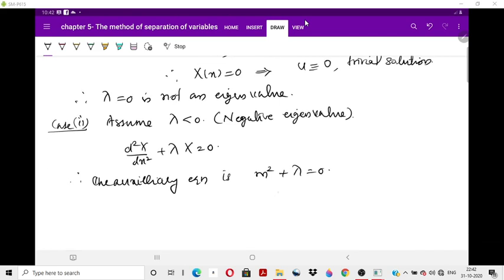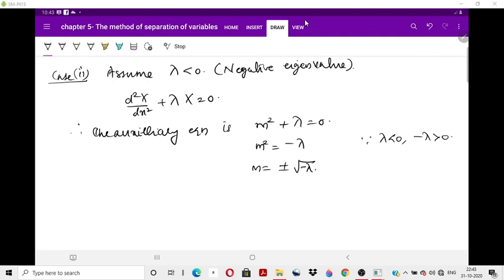So m square equal to minus lambda. Since lambda is negative, minus lambda is positive. Therefore, m is equal to plus or minus root of minus lambda. The root of minus lambda is positive and hence this root exists.